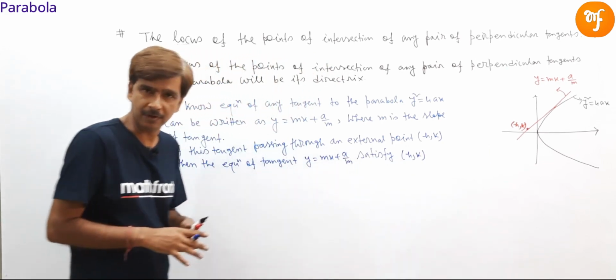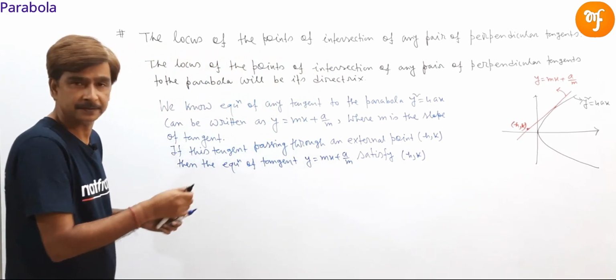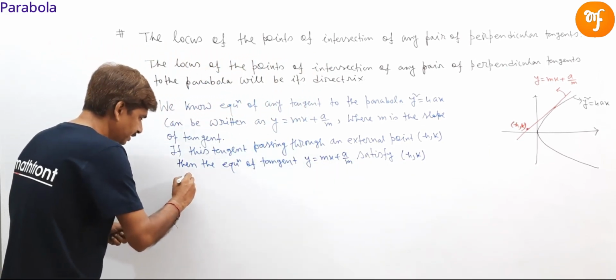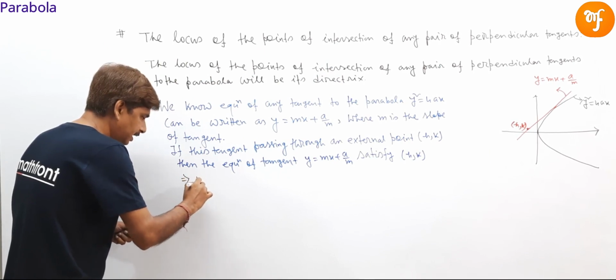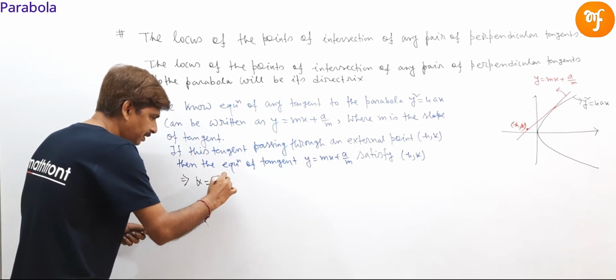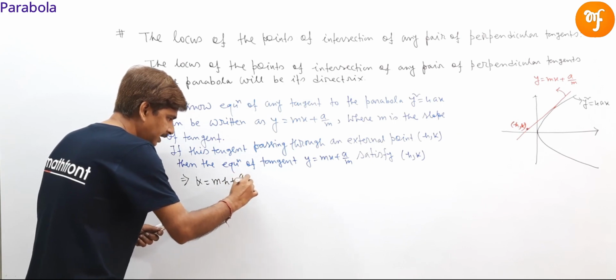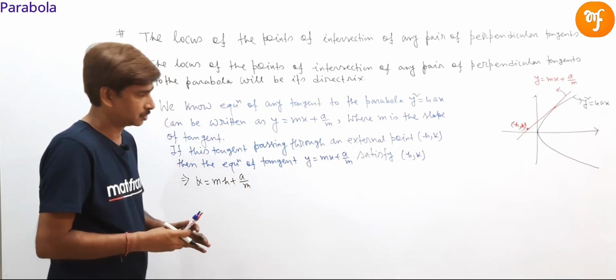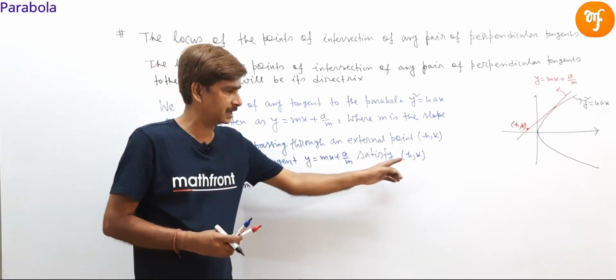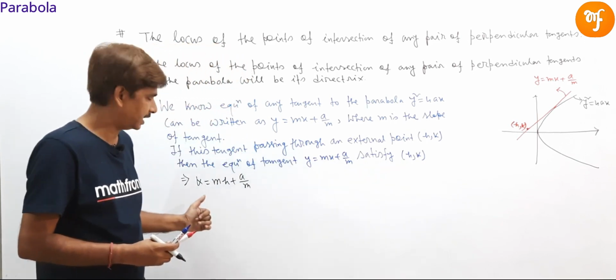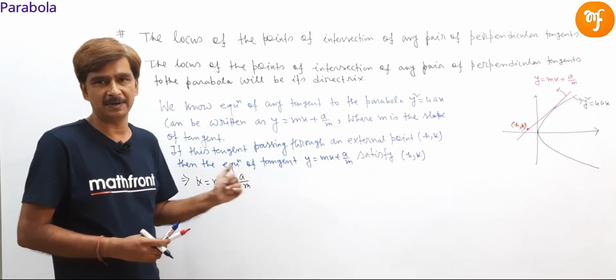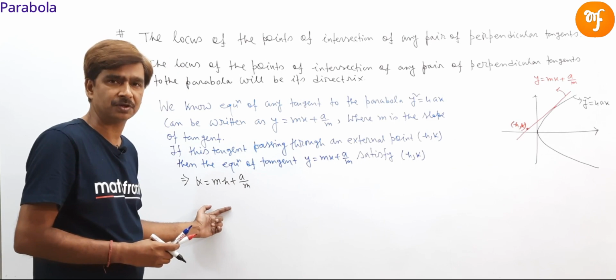Definitely it does. So satisfying it, we will get k is equal to m into h plus a by m. Substitute x and y by h comma k, we will get k is equal to mh plus a by m. This is nothing but a quadratic equation in m.